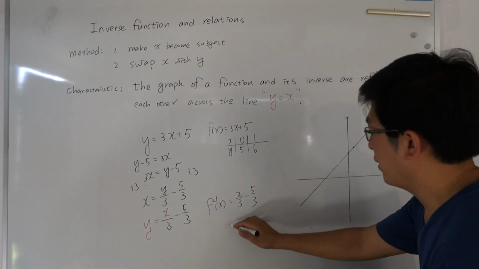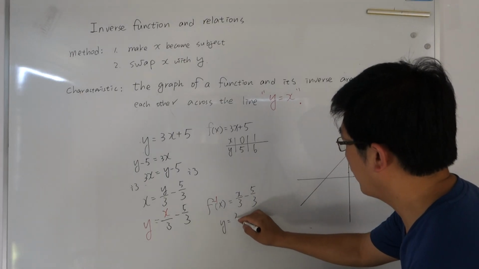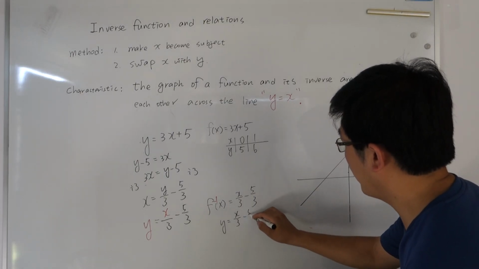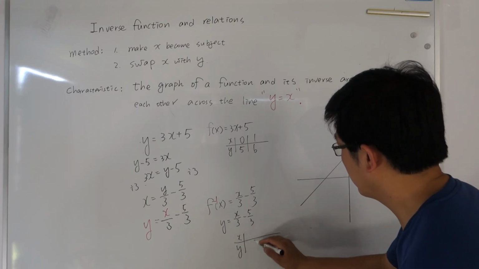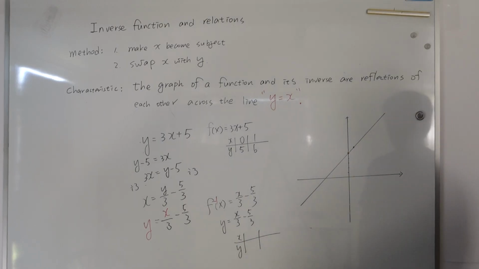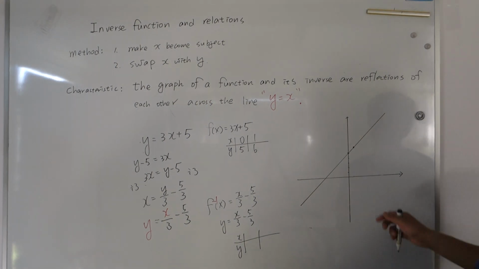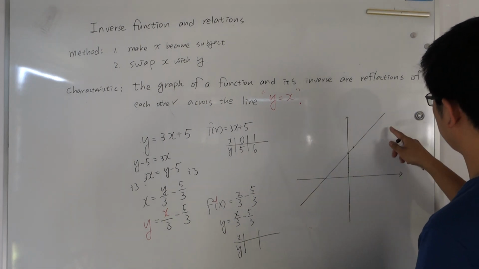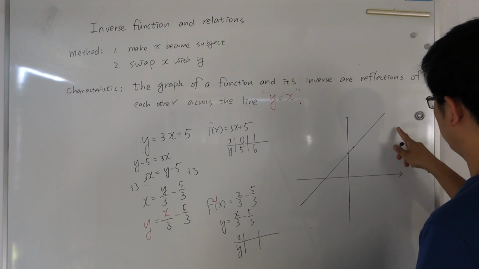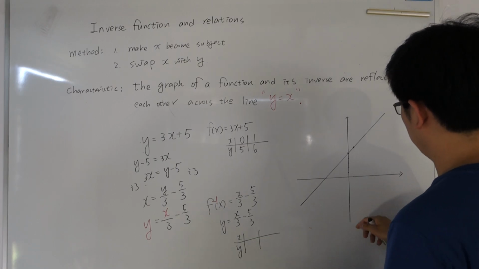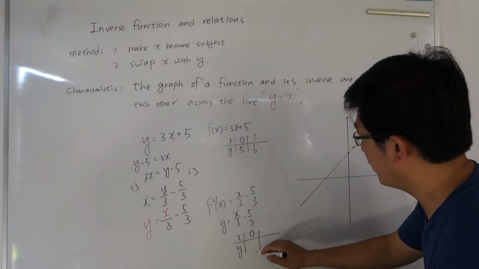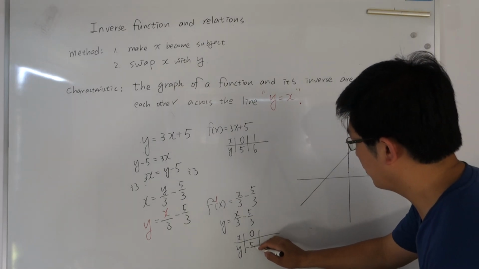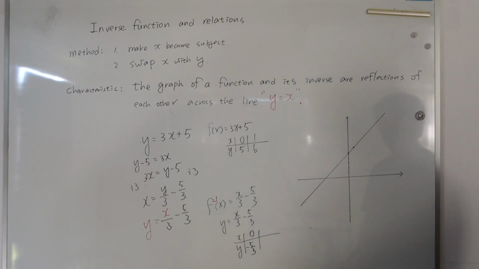We draw another line, y equal to x over 3 minus 5 over 3. We use any point. When x equal to 0, y is negative 5 over 3, okay?